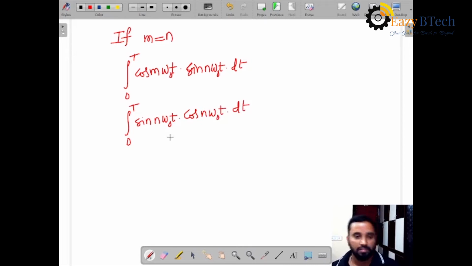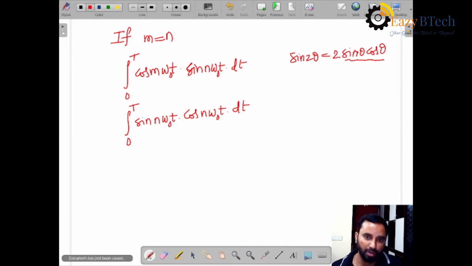So it is like sin theta into cos theta, right or not? Theta is the same, sin theta here, cos theta here. So we know that in trigonometry sin 2 theta is equal to 2 sin theta cos theta. Now sin theta into cos theta will become sin 2 theta by 2.